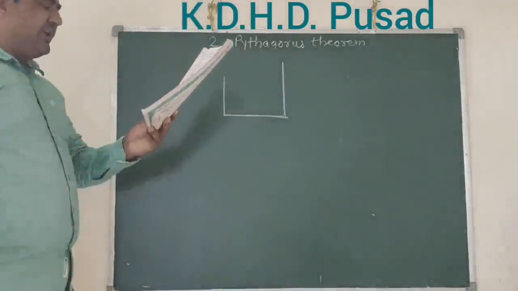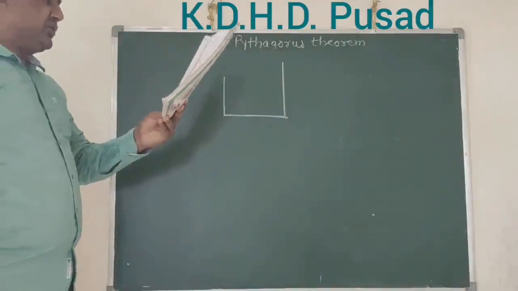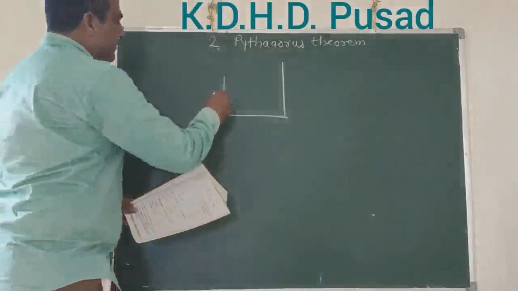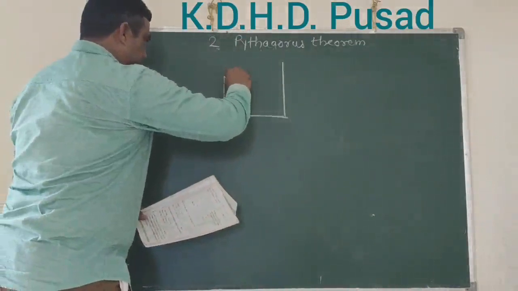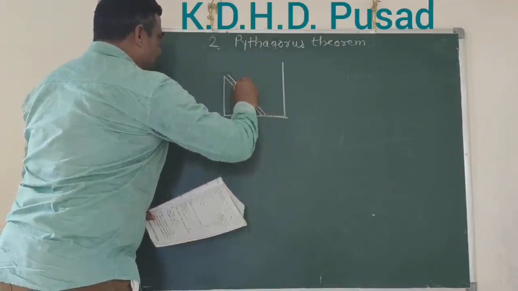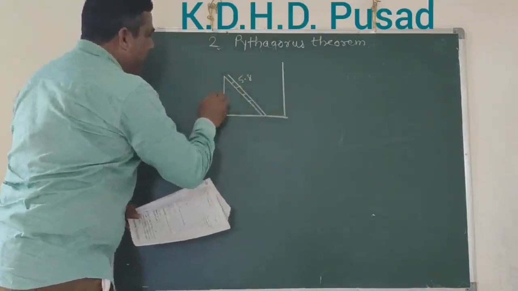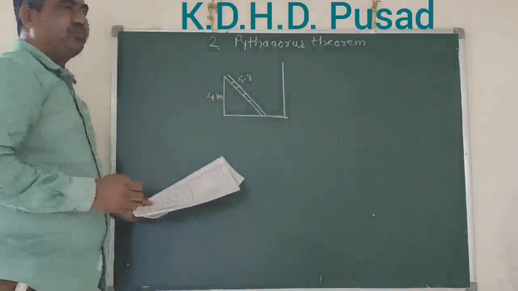Then a ladder 5.8 meter long is placed on the street such that the top reaches the building on one side. Let us say that is the ladder. The ladder of length 5.8 meter reaches the top of a building having 4 meter height.